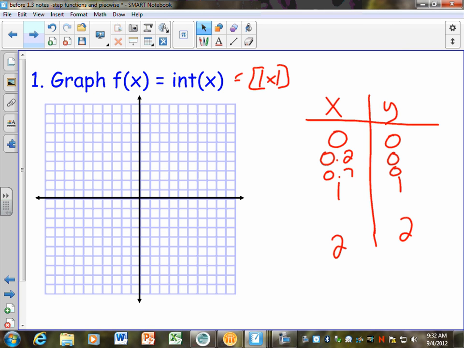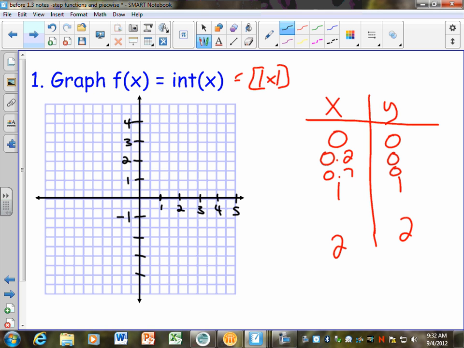I'm going to make my graph a little bit bigger here. I'm going to make this a 1 so that I don't have to do so many. So I'll make each one be like a half. Because I know at 0, 0 there's a point, and I know at 1, 1 there's a point.